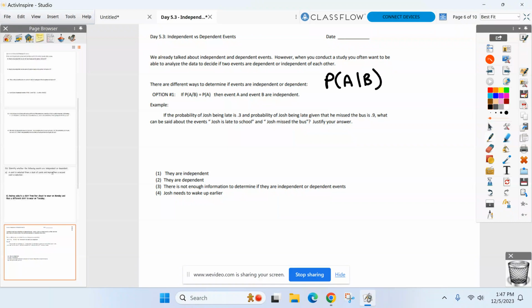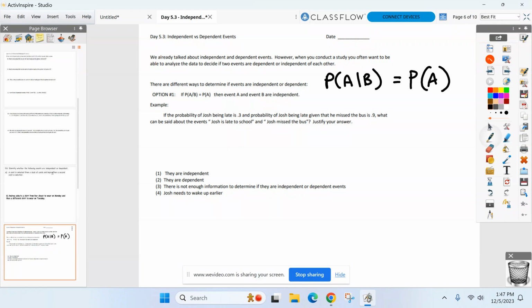It's number 3 on the formula sheet. When you calculate that probability, it's the exact same as the probability of event A all by itself. So we need to calculate the probabilities of both and look at them. If they're equal, the two events are independent. If those two are different, they're going to be dependent on each other.